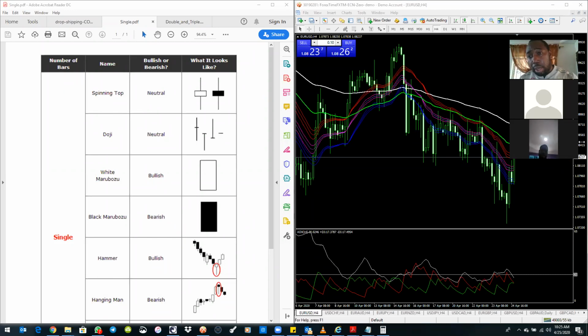Okay, so if you have a bullish market and then you see any of these candlestick formations, it is, like I said earlier, an indication that the market can either temporarily go sideways, or temporarily come downwards.